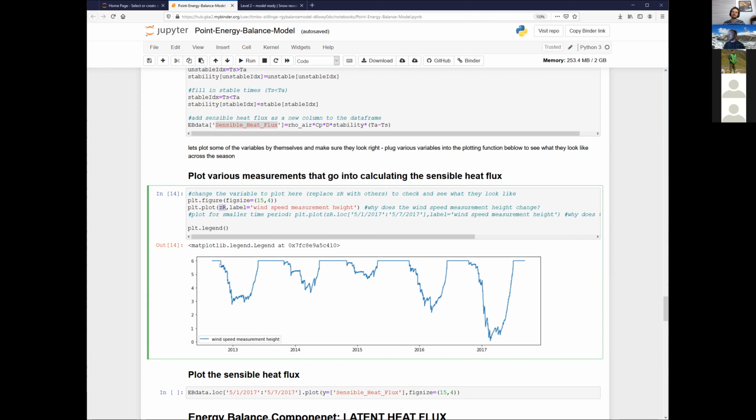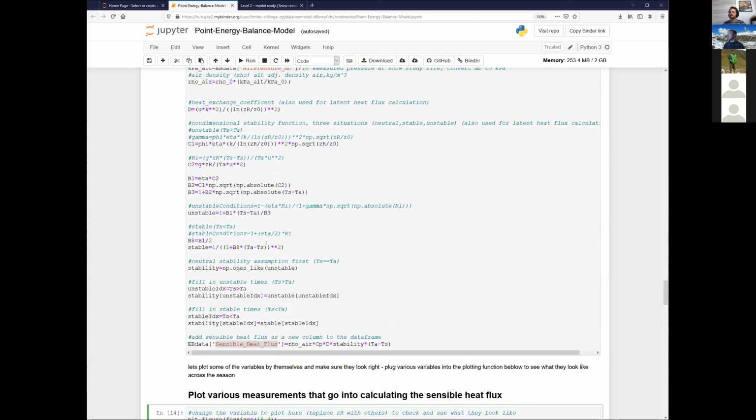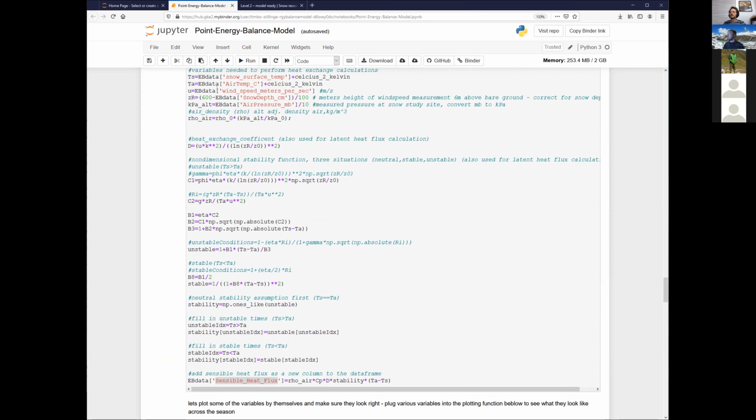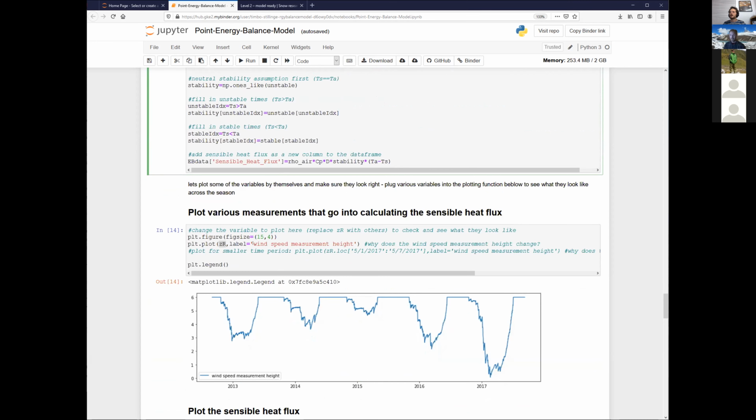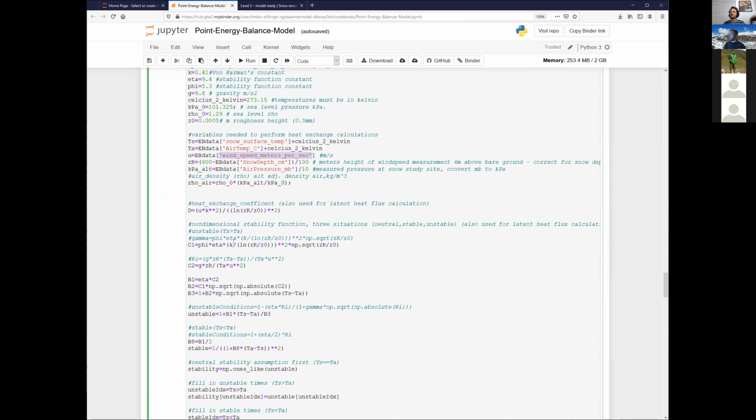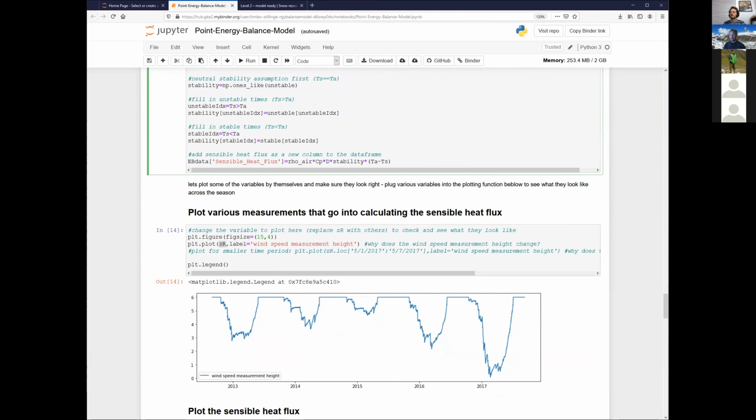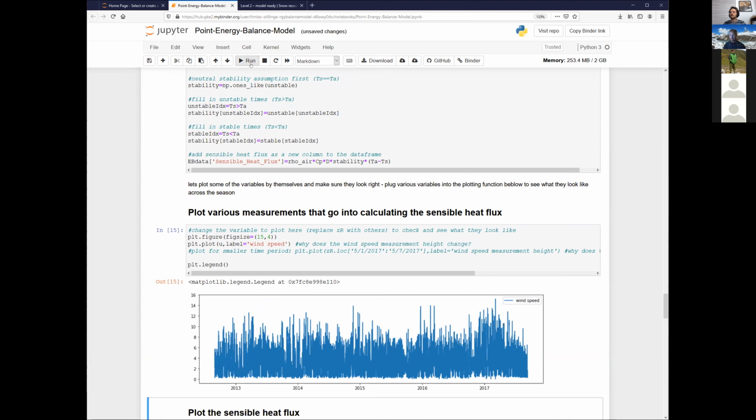This is a measurement of the height above the surface that we're measuring the wind speed. If we wanted to look at the actual wind speed, we could do this. This is our measurement of the wind speed, and U is our variable that is wind speed.